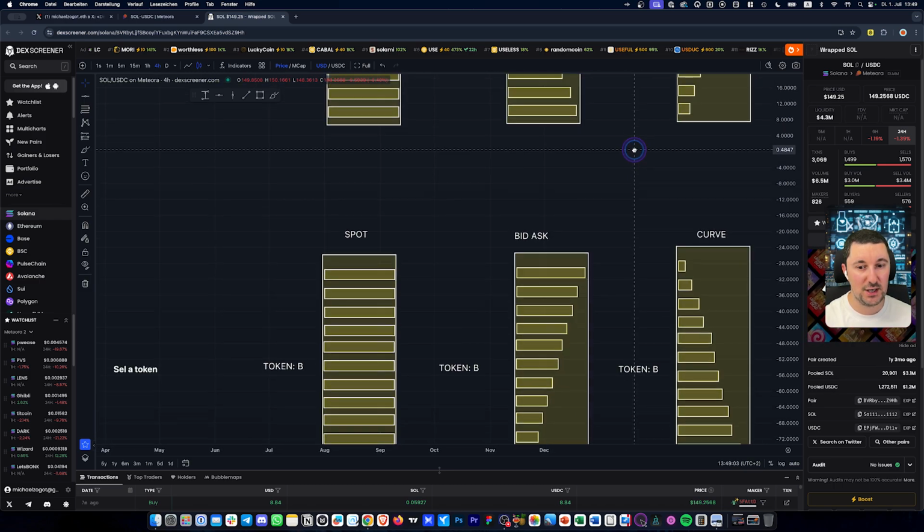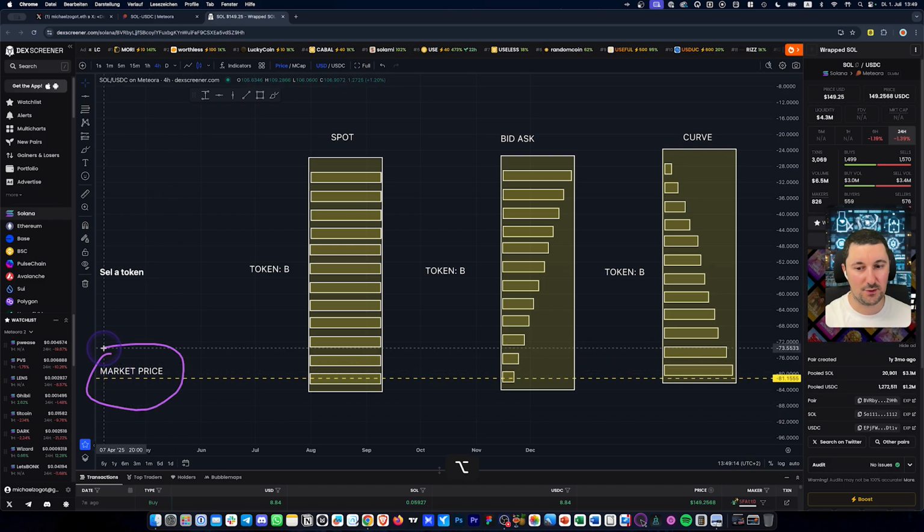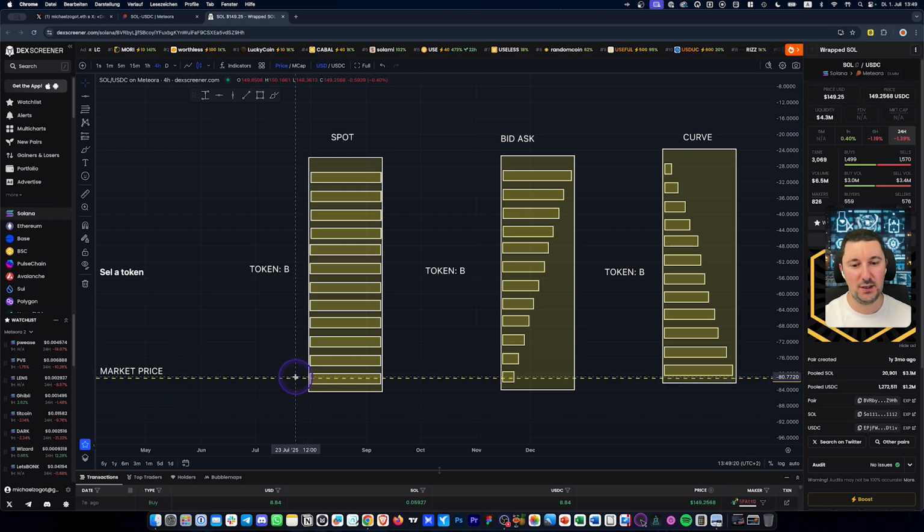And of course, you could also use one-sided liquidity to sell a token. When you want to sell a specific token, here is the representation of the market price, and we add one-sided liquidity, we will earn fees only when the price moves up. It's logical, right? Here the same rules apply: evenly distributed, and your average will be around here.